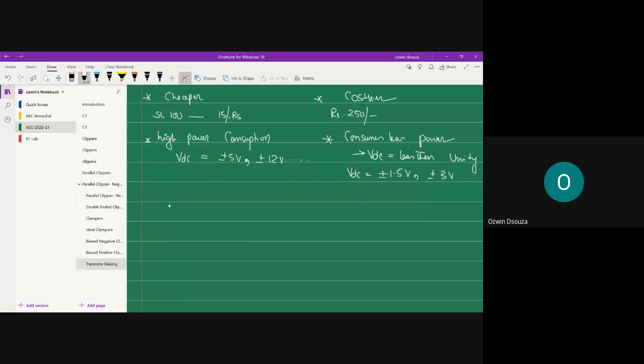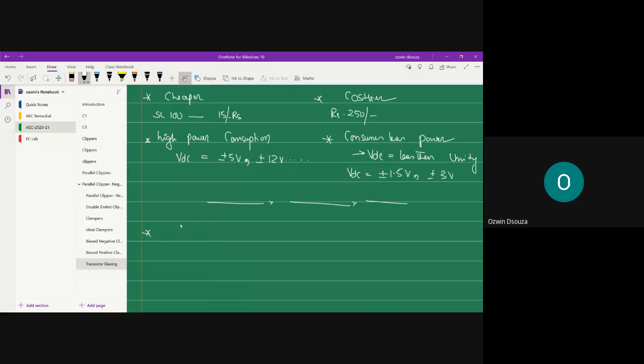Nevertheless, we are still using BJTs because of their simplicity in designing the control circuits, and they are very cost effective. So for not so critical applications, you can continue to use BJTs. So these are the major differences. That's the first part of the introduction, differences between MOSFETs and BJTs.